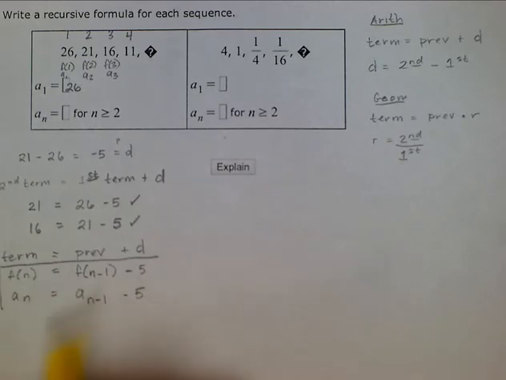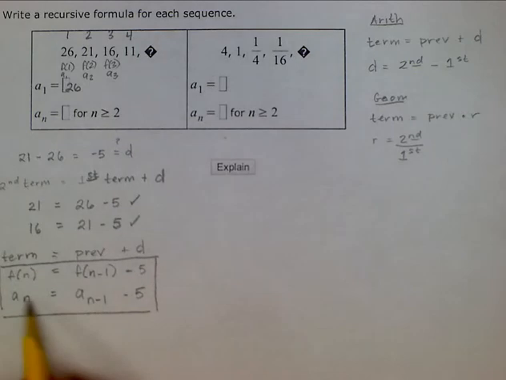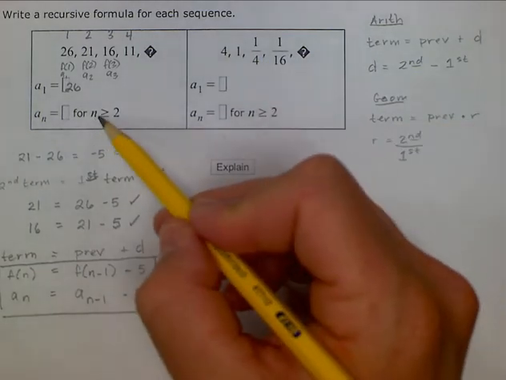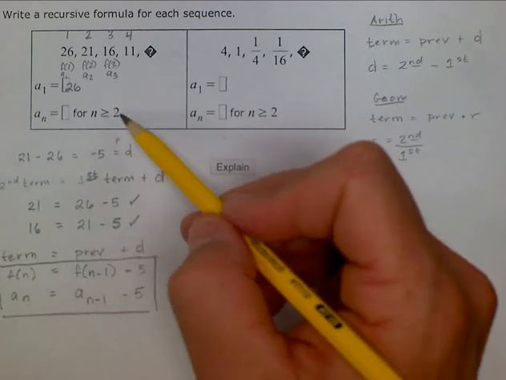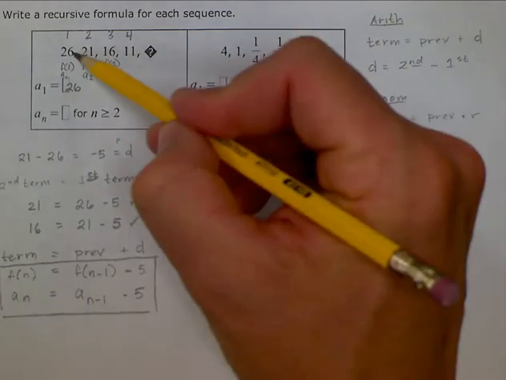Most of the time ALEKS is looking for your subscripts, a sub n. And we notice that there's a qualifier, n must be greater than or equal to positive 2. You see that when you put in positive 2 for n, you would get 2 minus 1, which would be a sub 1, which would give you the first term in the series.